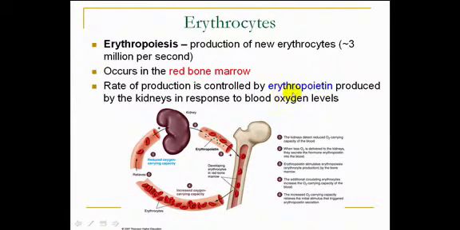Now, erythropoietin was developed in labs artificially to give to people who were anemic. So a lot of cancer patients that have undergone chemotherapy, because remember, chemotherapy will wipe out any cells that are dividing in your body, and one type of cell that's dividing very rapidly is the stem cells in your bone marrow to produce more red blood cells.